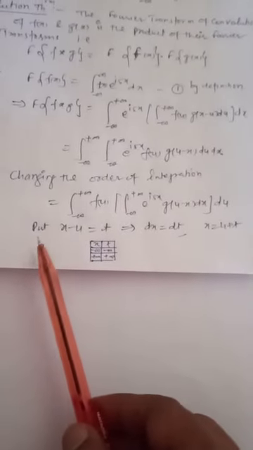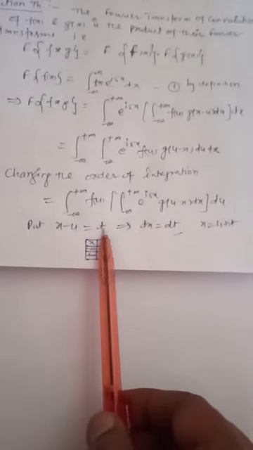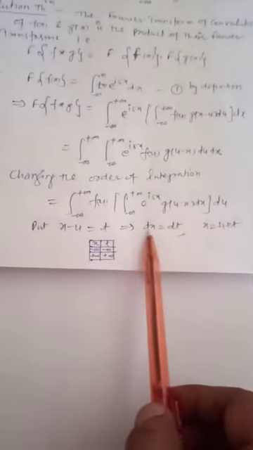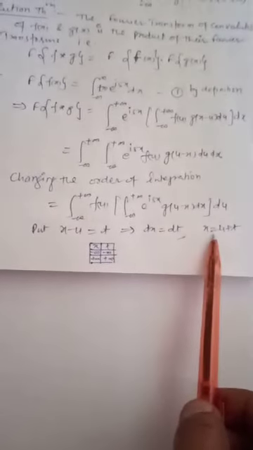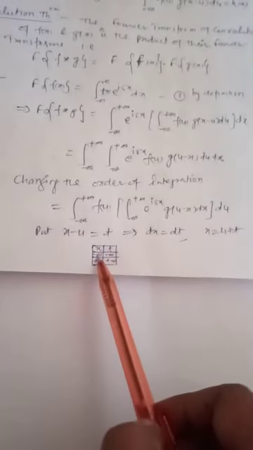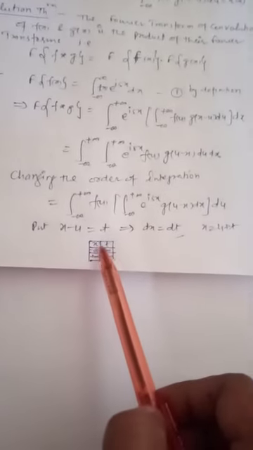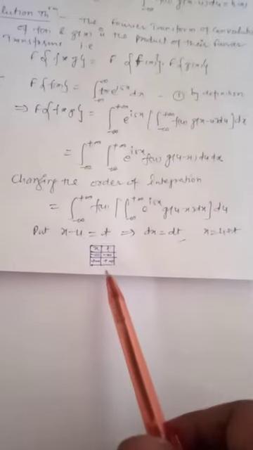Now put x minus u equal to t. So dx is equal to dt and x is equal to u plus t. The limits: when x is minus infinity, t is also minus infinity, and when x is plus infinity, t is also plus infinity.